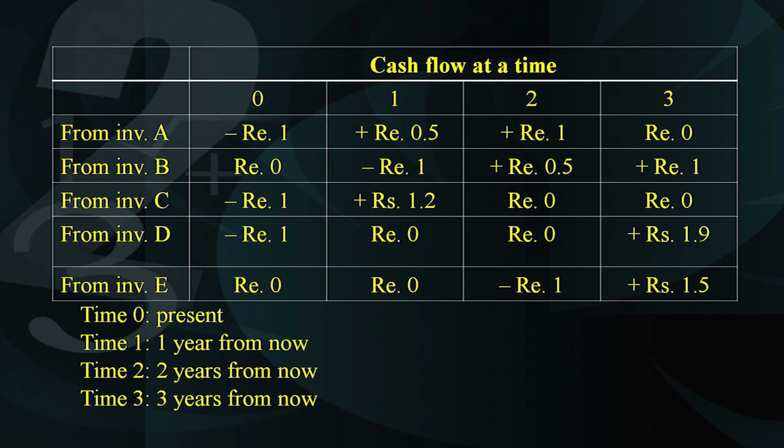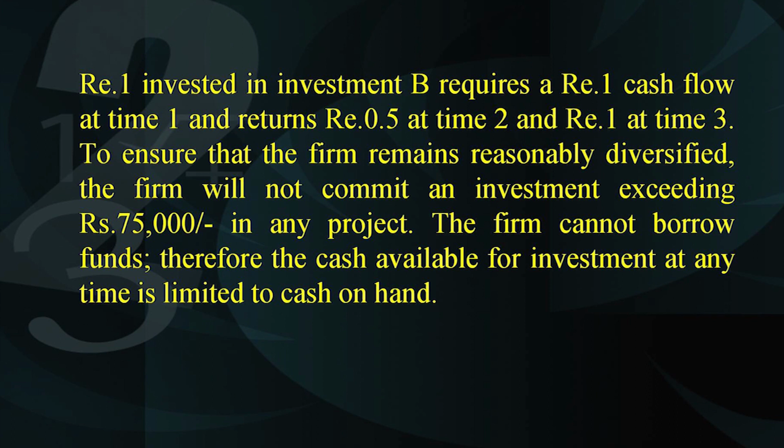So, this is the data in terms of rupees that is given to us and we need to formulate it as a linear programming problem. So, this means that rupee 1 invested in the investment B requires rupees 1 cash flow at time 1 and returns 0.5 at time 2 and rupees 1 at time 3.